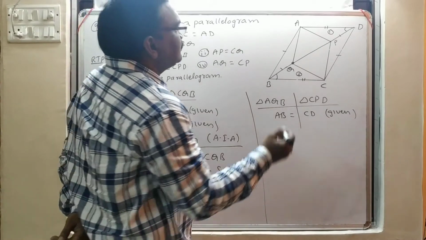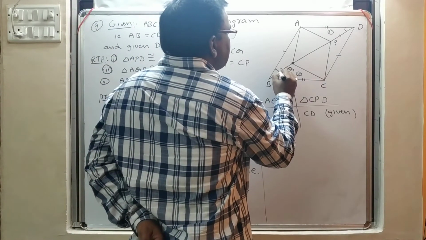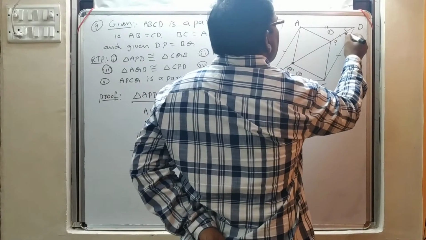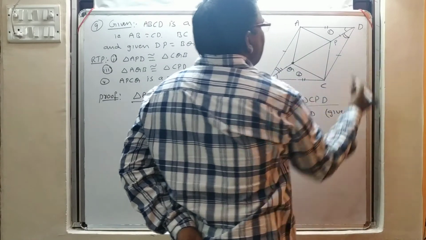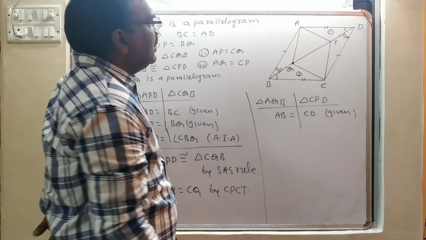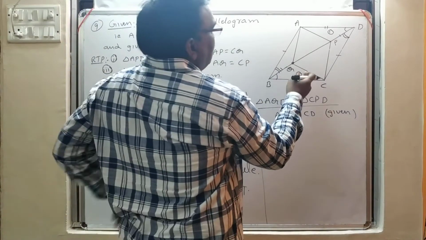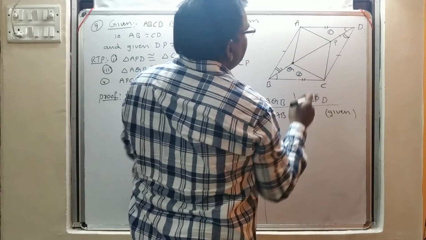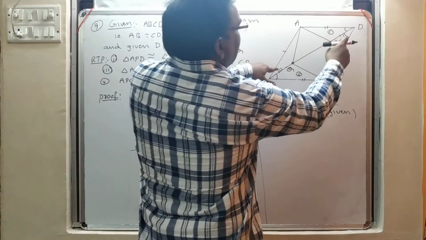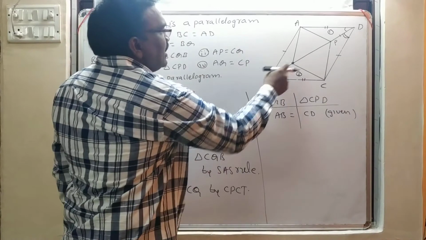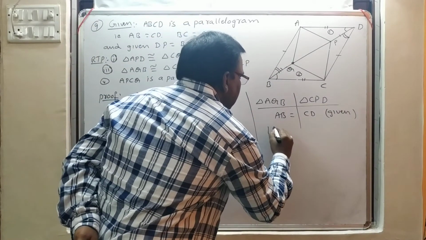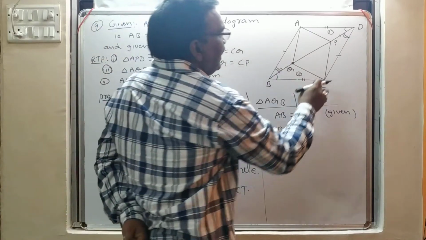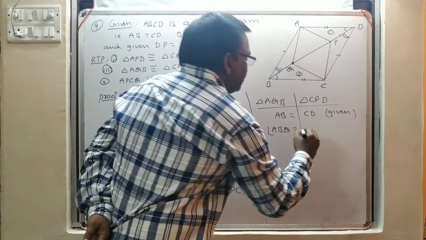Next, what about these angles? These two are parallel lines and this is a transversal. These two are alternate interior angles. So angle ABQ is equal to angle CDP.